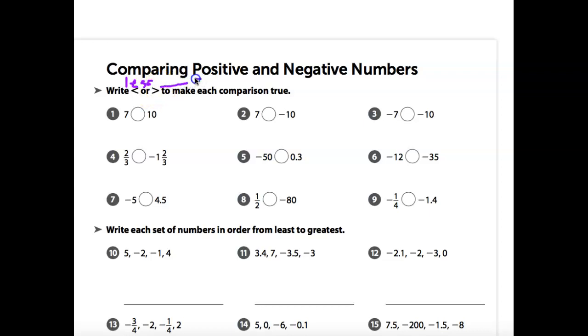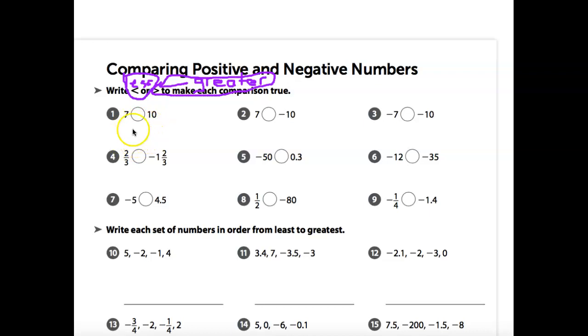This one means greater than. All right, so this one is less than, and this symbol here is greater than. Okay? All right, so 7.